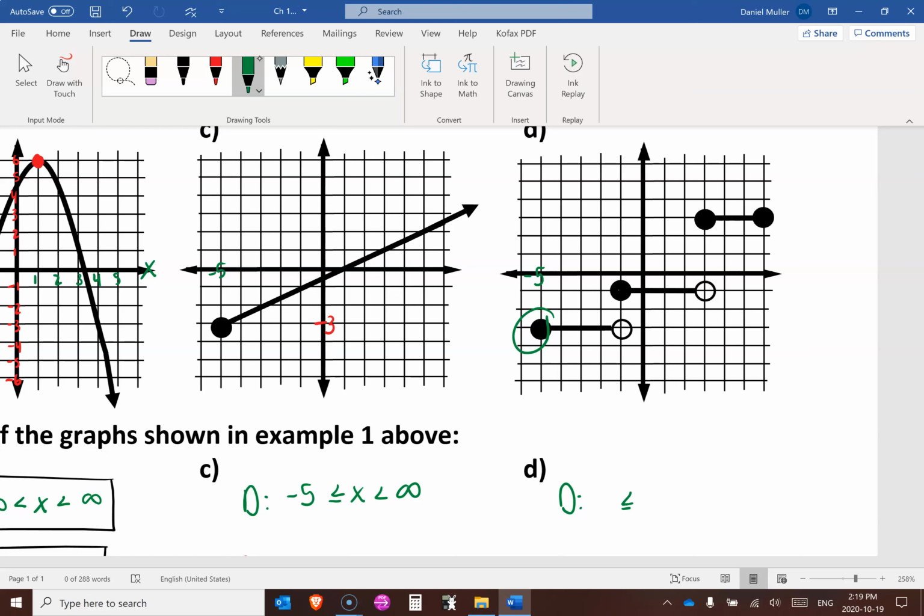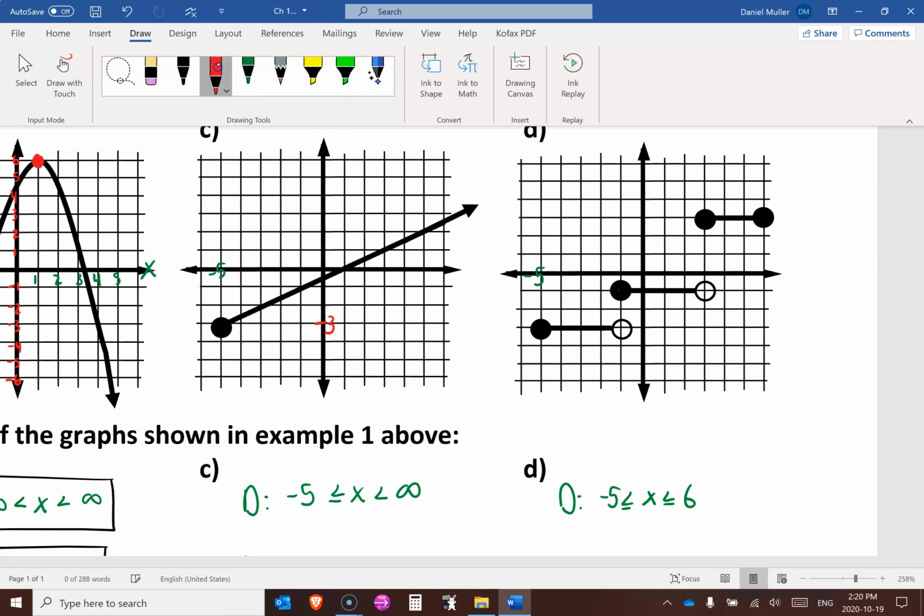But I jump up and I start again at -1. So I'm okay there. And then I'm going here, -1, I'm going towards the right. I hit 3, and I don't equal 3, but I jump up and I do equal 3 here. So I pick up again at 3 all the way to 6. So I go from -5 all the way to 6.